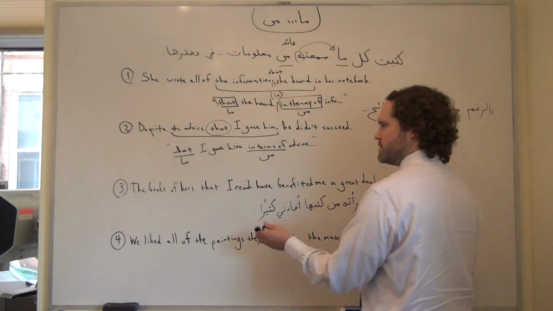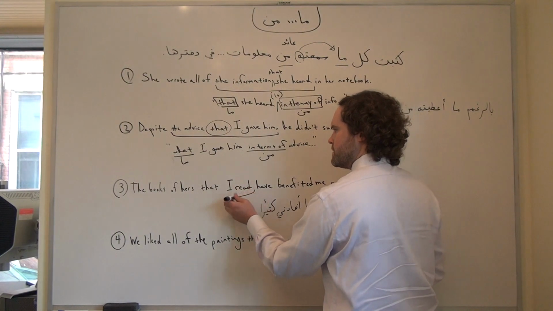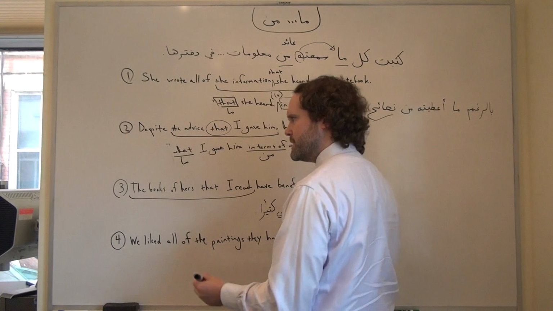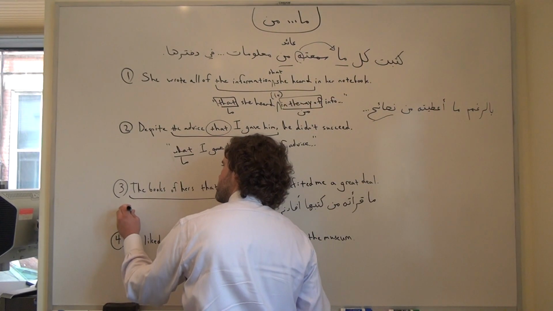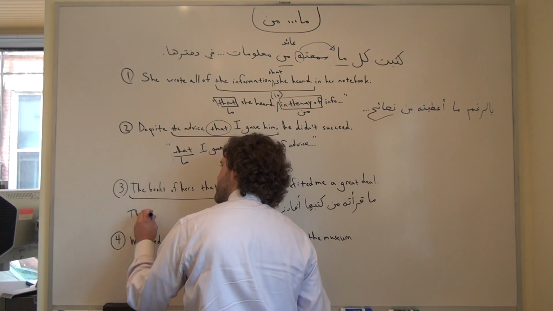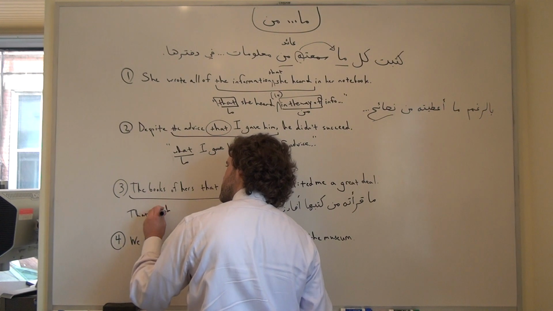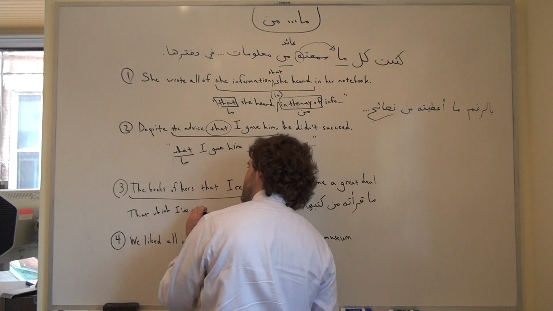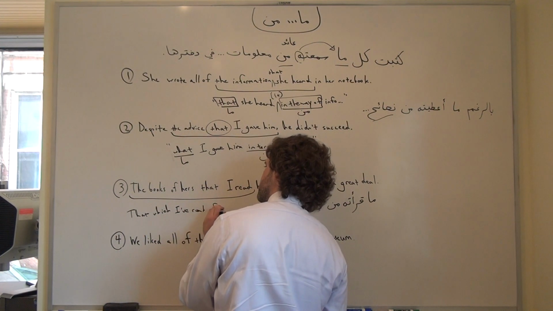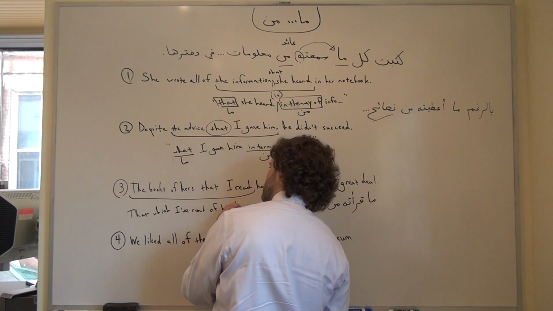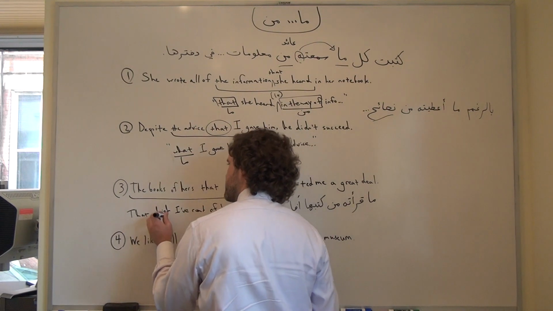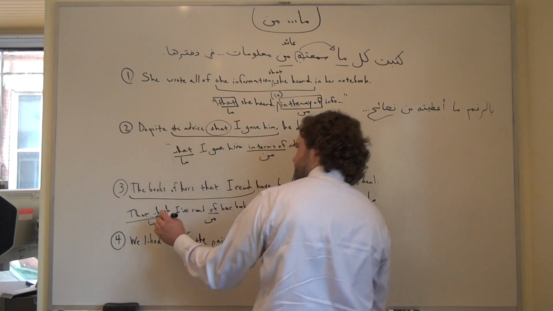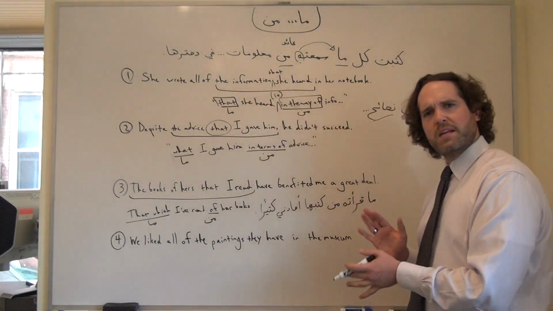So what we've done is taken the books of hers that I've read and rephrased it as that which I've read of her books. And those represent the Ma Min pivots.